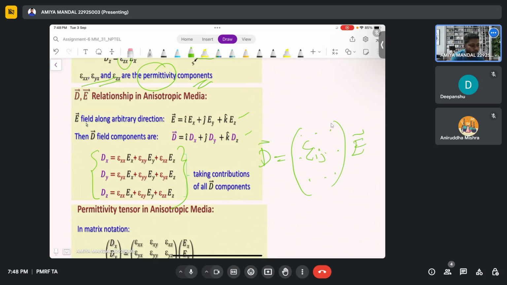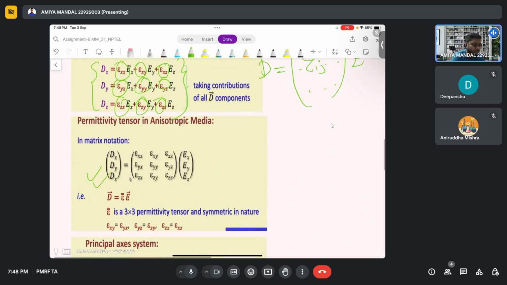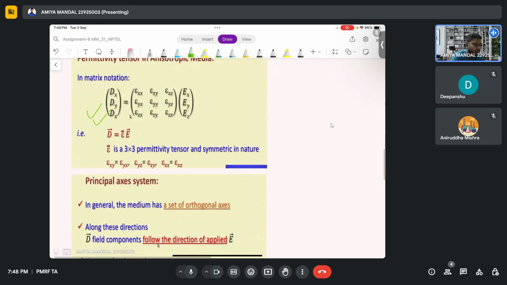In matrix notation, this is a 3 by 3 permittivity tensor. And the important point is that epsilon ij is symmetric, meaning ij equals ji.